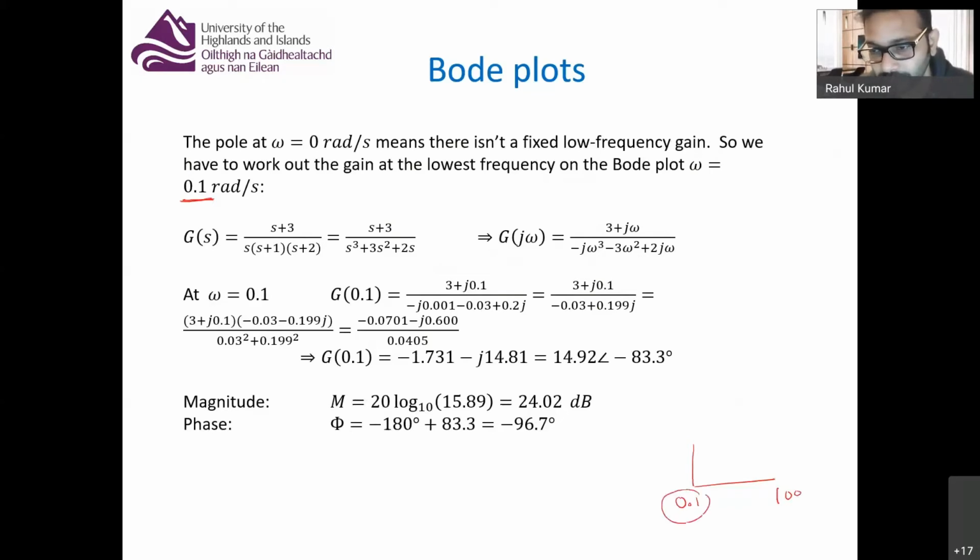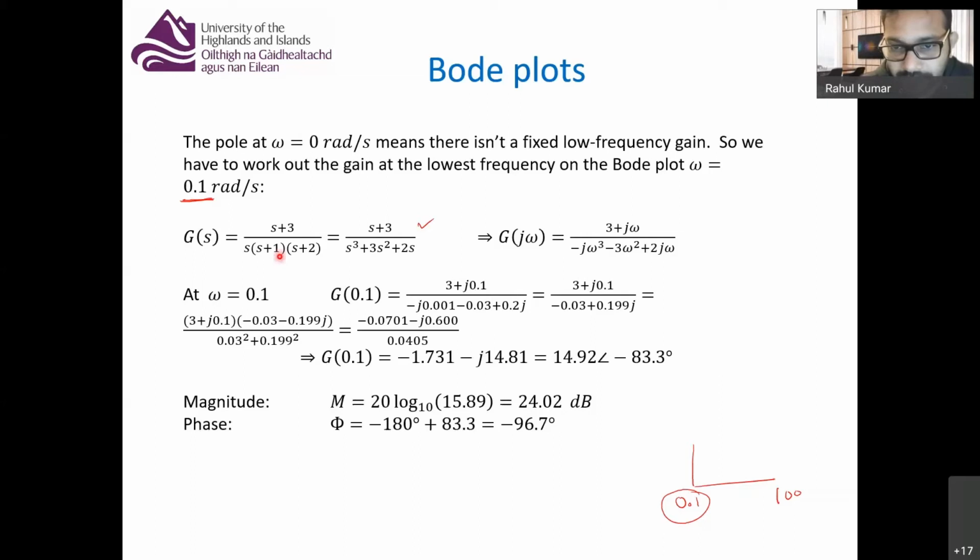So we find the magnitude and the phase at the lowest frequency. Whatever steps we followed in the first example to find the magnitude and the phase, we are going to do the same here. We already know the transfer function; we are given the transfer function.